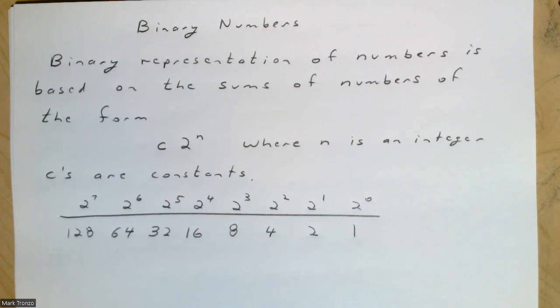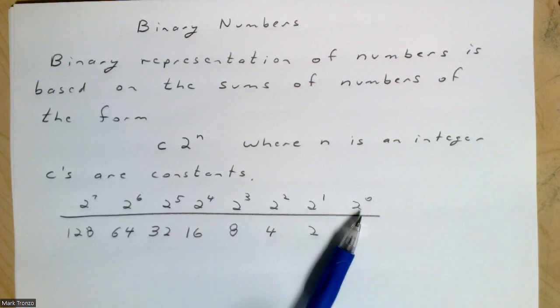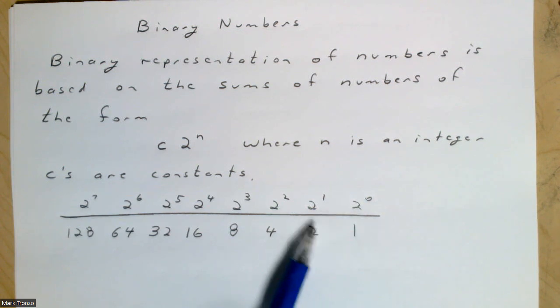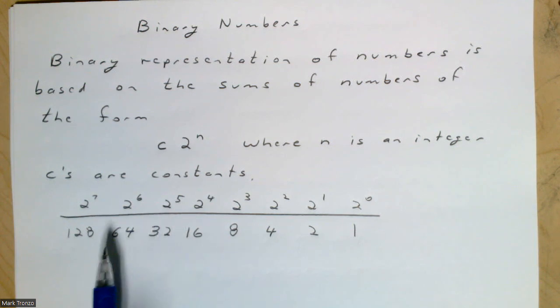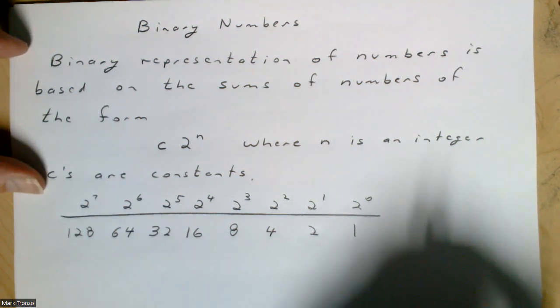But again, when you're working with binary numbers, you're working with powers of 2. So instead of working with, say, 1, 10, 100, 1,000, 10,000, etc., we're going to be working with 1, 2, 4, 8, 16, 32, 64, etc. So let's jump into some examples.